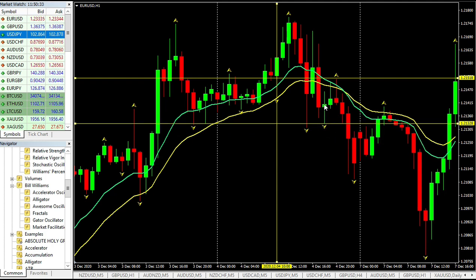So we will see what is the low. The low is 1.21328, that's about 1.2133. So we're going to put our pending sell order at 1.2132. This is going to be our sell order.